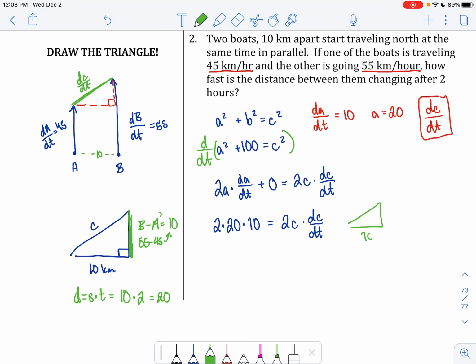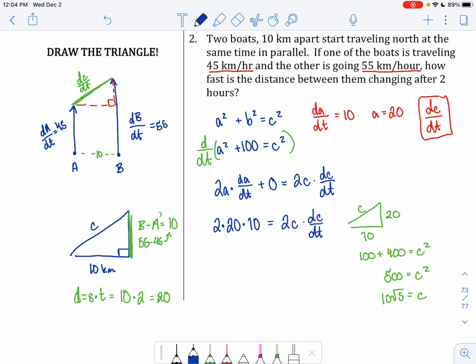Using our triangle that we had, we have 10, 20, and c. So therefore, 100 plus 400 is equal to c squared, meaning that 500 is equal to c squared, meaning c is equal to 10 root 5.